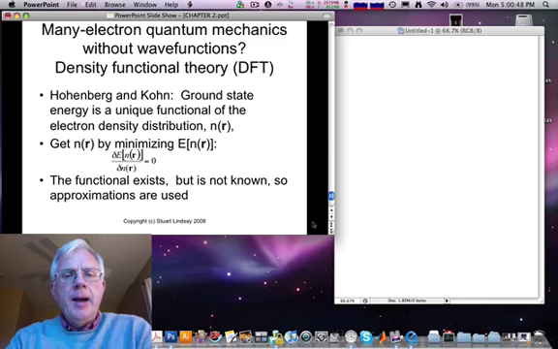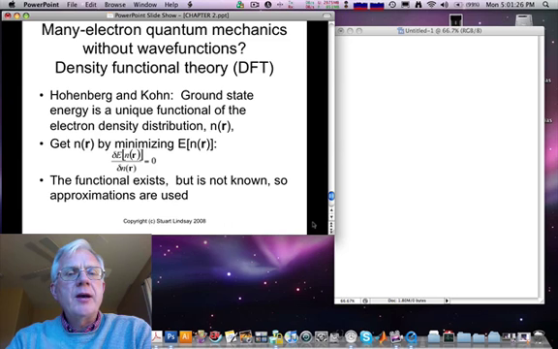Physics graduate students know what pain is involved in finding wave functions to describe complex states like this, but happily the chemistry community now has at its disposal an absolutely wonderful tool grounded in work by Hohenberg and Kohn in 1964. The Hohenberg-Kohn theorem said the following thing: the ground state energy of a multi-electron system is a unique functional, and I'll explain that word in a minute, of the electron density distribution n(r).